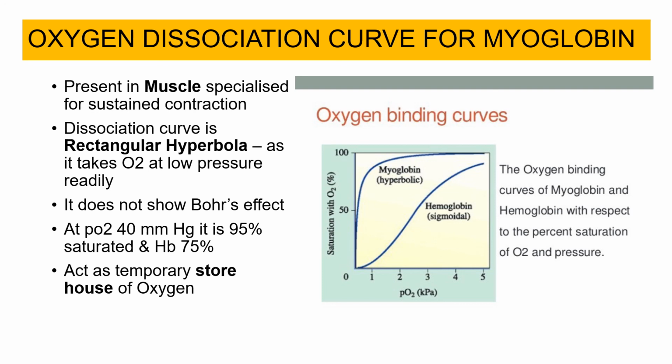It does not show Bohr effect. At PO2 40 mmHg, it is 95% saturation and hemoglobin saturation is 75%. It acts like a temporary storehouse of oxygen. The oxygen binding curves of myoglobin and hemoglobin with respect to the percent saturation of oxygen and pressure is shown in this graph.